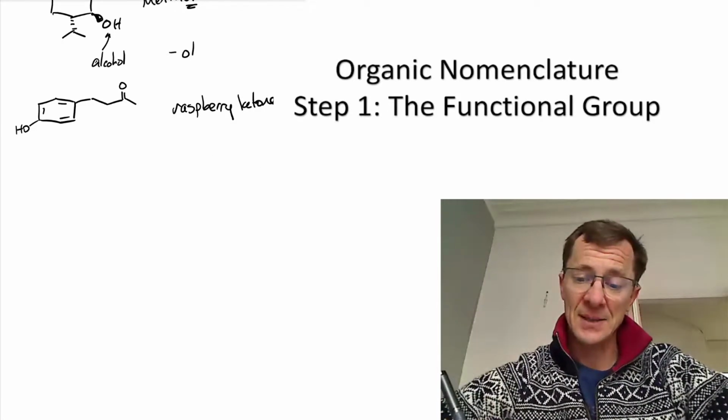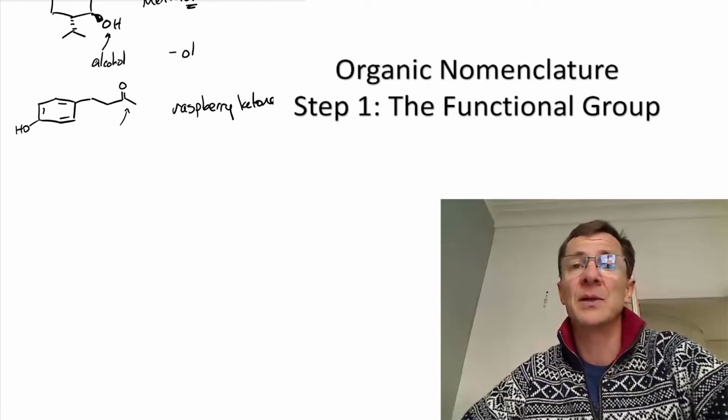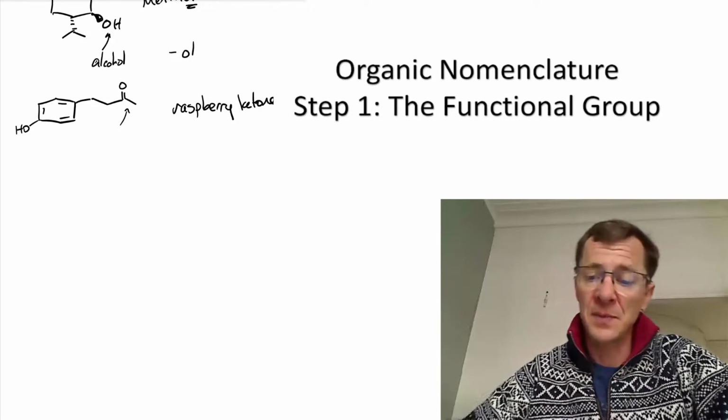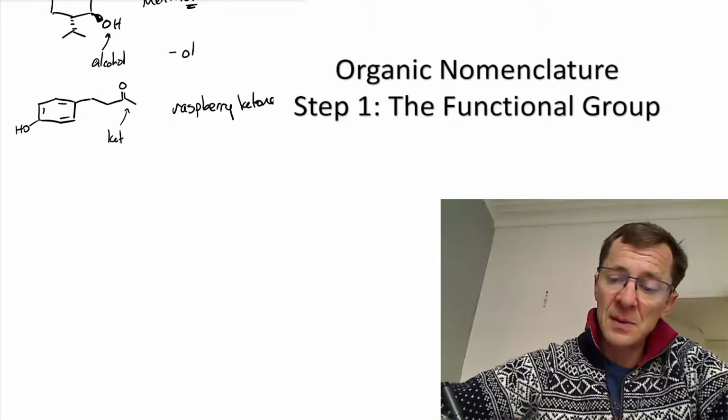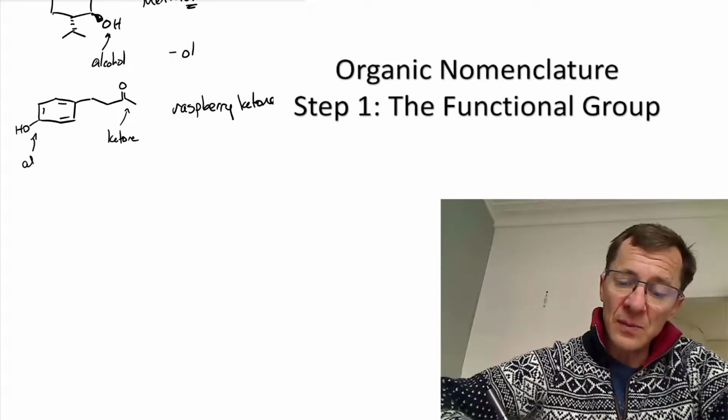It has two candidates. It has this guy, which is a carbonyl, or carbon double bonded to an oxygen. And on either side of it are carbons, which makes it a ketone. And we also have an alcohol.